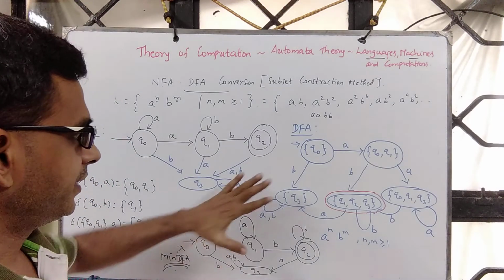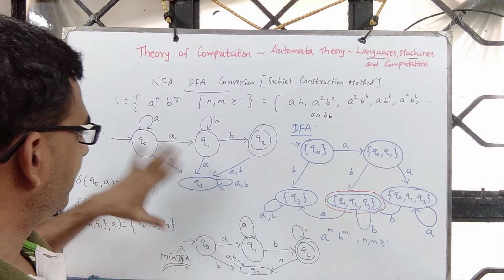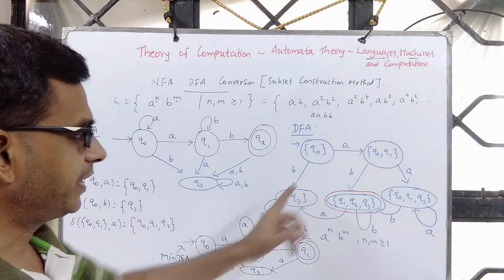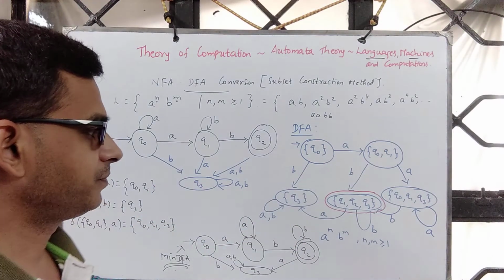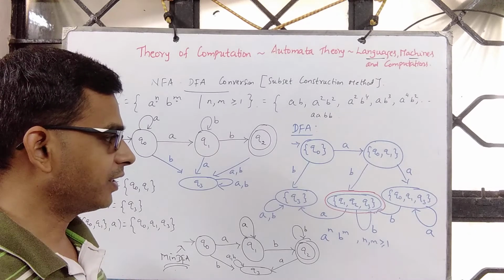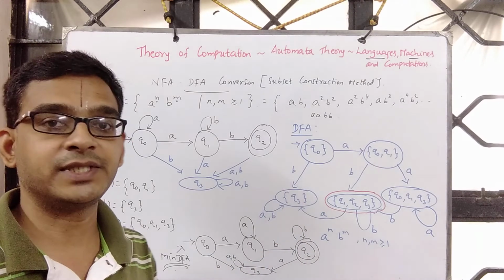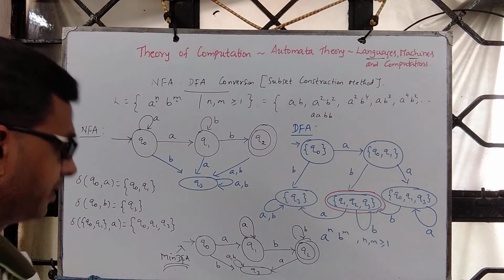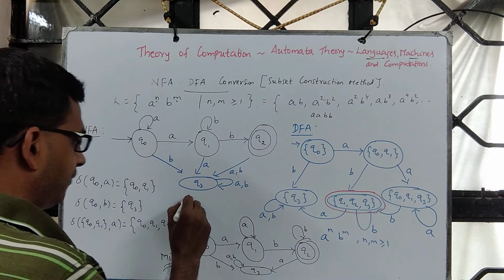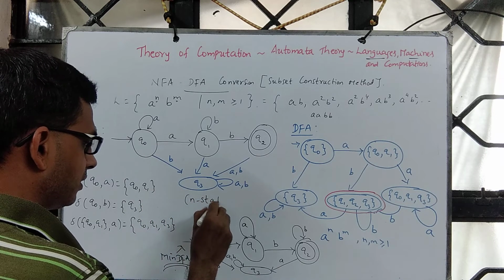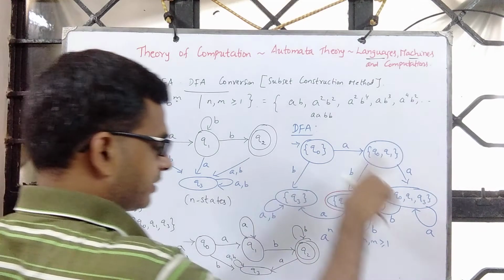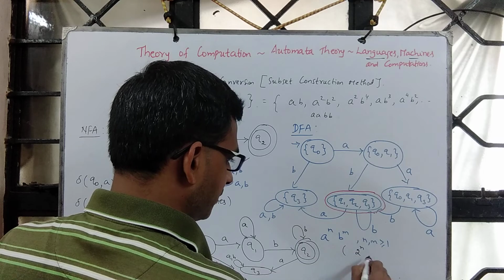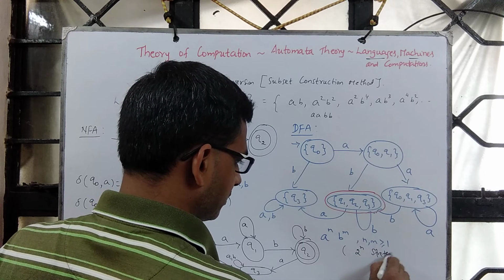So now this tells you that given an NFA having say n states, we keep exploring the subsets. So it may so happen that you may list all subsets, and in the process of converting an NFA having n states to a DFA, we may list maximum 2 power n states.